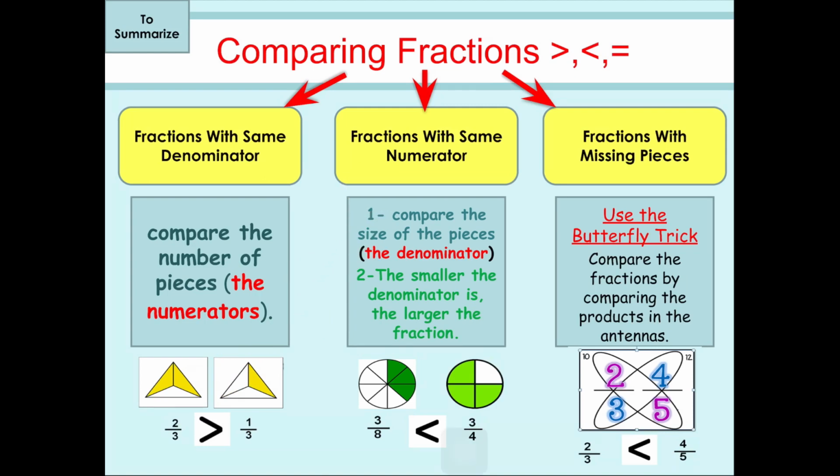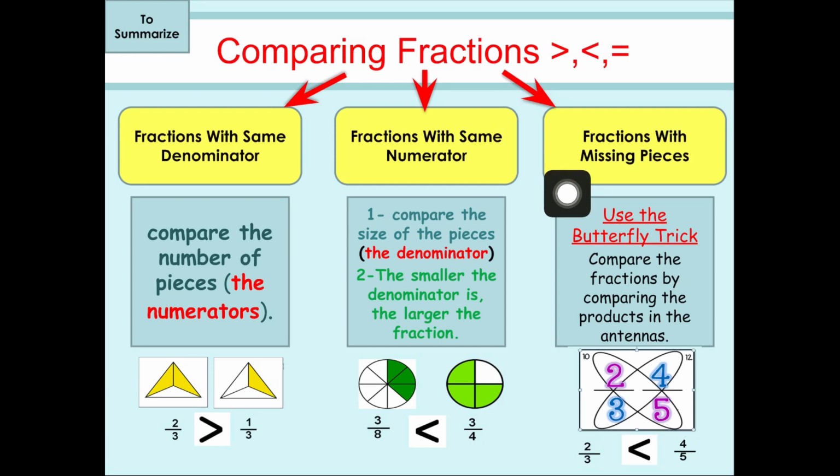For fractions with the same numerator, we compare the size of the pieces. We look at the denominator. We have to remember, is my pizza split into large pieces or small ones? If my denominator is small, it means I get a larger piece of pizza. And if my denominator is big, it means I get a smaller piece of pizza.